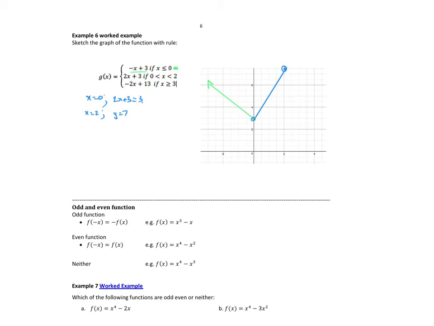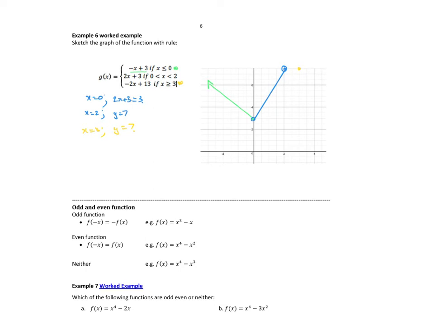Finally, we'll go yellow. Negative 2x plus 3. Again, it starts at 3 actually, so it's a gap, isn't it? So at x equal to 3, y is equal to negative 6 plus 3, which is negative 3. So at (3, negative 3), it's there, and it's a solid dot.